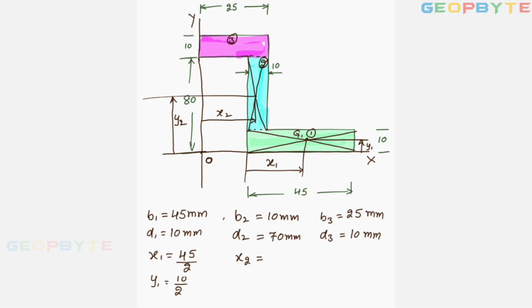So the remaining up to here is 25 minus 10, 15. So x2 equal to 15 plus 10 by 2.